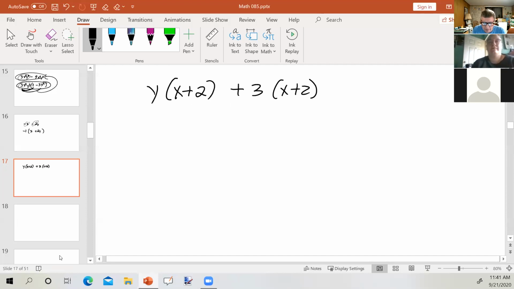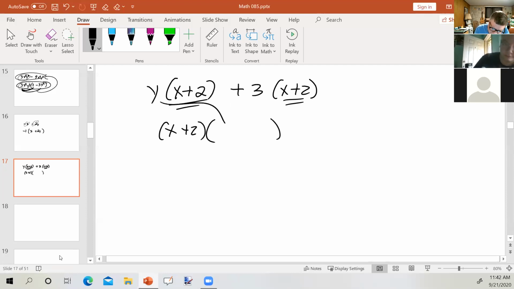We've got y and x plus 2, 3 and x plus 2. So it looks like x plus 2 is the common factor. So we're going to take that out, but what's left over? y plus 3. So this was the takeout and this was the leftover, so to speak.